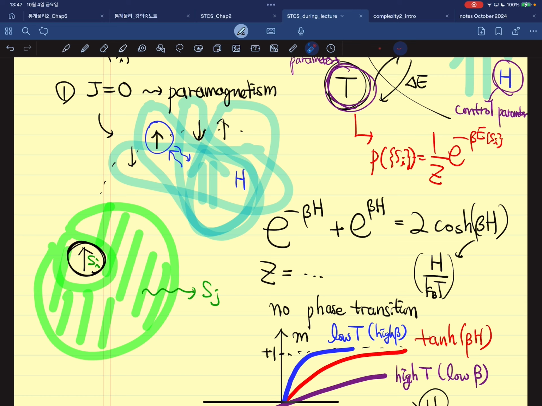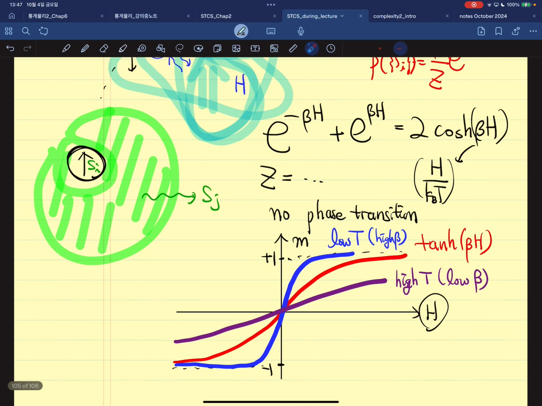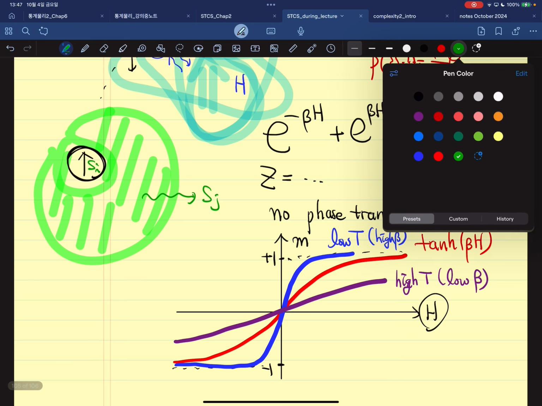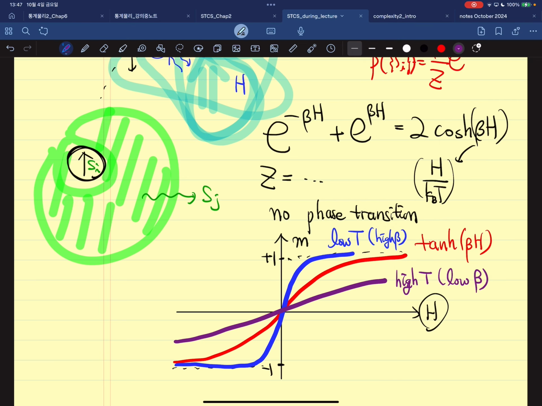So you can treat all of the other part of the system as a single thing, which actually corresponds to the external field in the paramagnetism. But for the real Ising model, this Sj is in fact composed of lots of different spins.